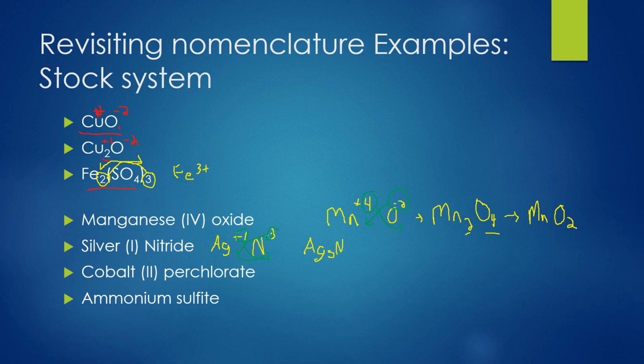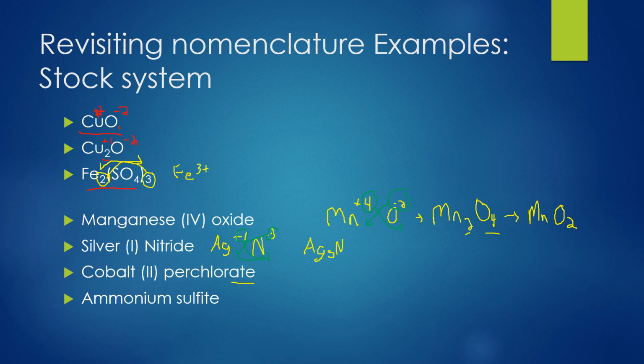Next, let's do cobalt 2 perchlorate. So cobalt 2 perchlorate, you're going to write Co with a +2, find the perchlorate ion. Since it has an ATE ending, you know it's a polyatomic, so you find that polyatomic on the periodic table along with its charge, and then do the crisscross method for that one.